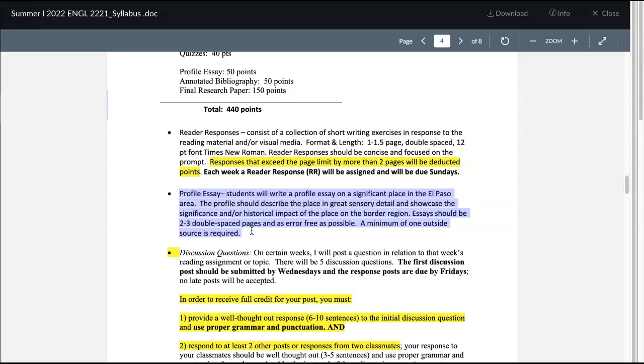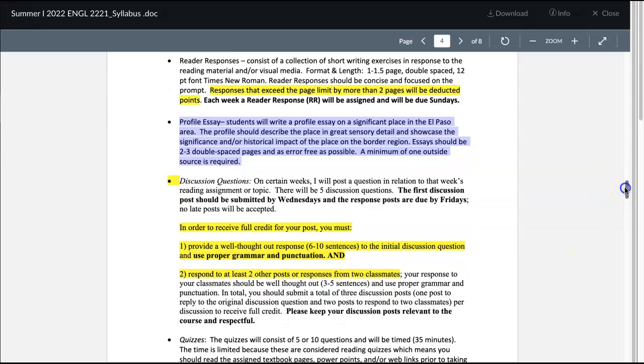Now, the key with a profile essay is that you have to make sure you describe the place in vivid detail. So when you write this essay, try to not focus on yourself or your experience, but rather focus on describing the place in an interesting manner and with a lot of description and vivid detail. And there's more detailed instructions for the profile essay in the assignments and in the module.